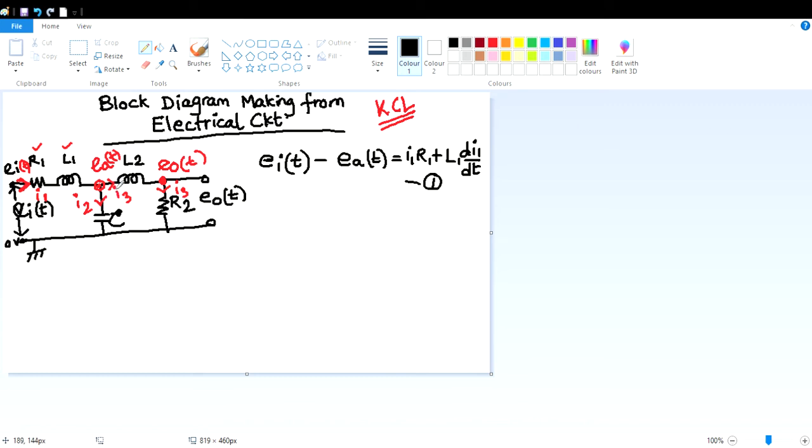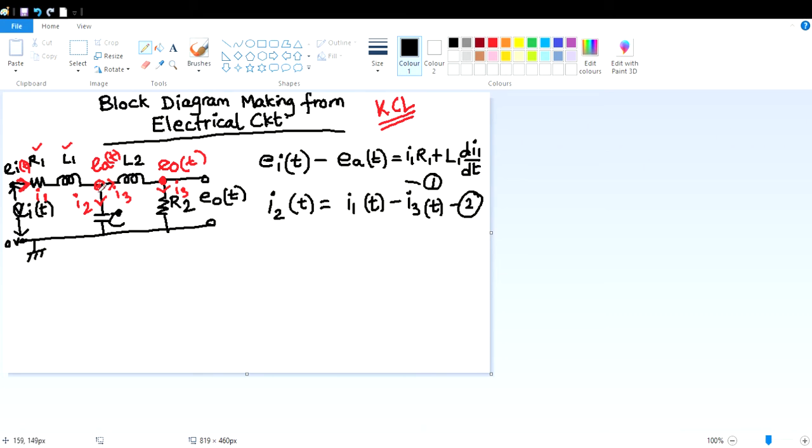Or I can write in this fashion too, that I2(t) is equal to I1(t) minus I3(t). I got the second equation, which is nothing but the equation of current.